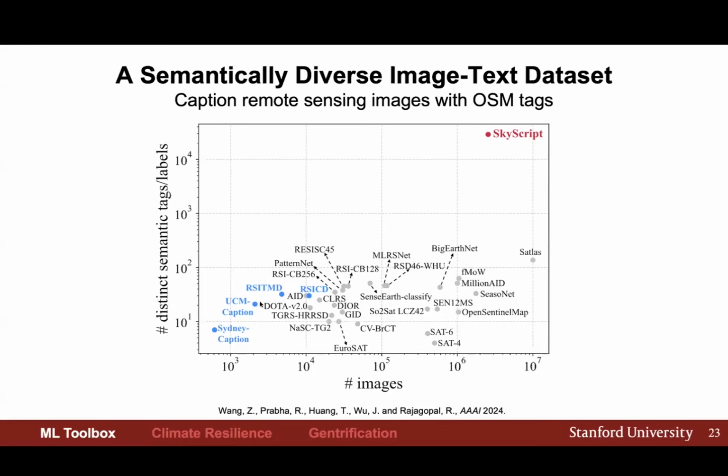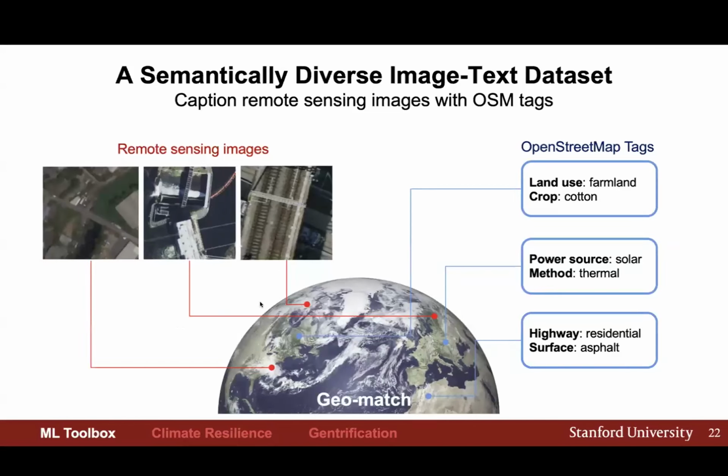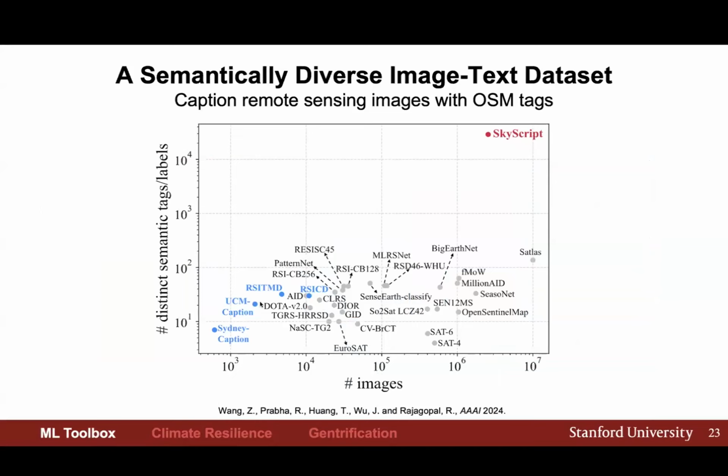So one of the limitations is we couldn't scale the model's semantic understanding ability beyond those labels. What we try to do is leverage the semantic text from OpenStreetMap and expand this y-axis to a few orders of magnitude larger than all the previous benchmarks. So hopefully this model will understand more objects after training on these data sets.